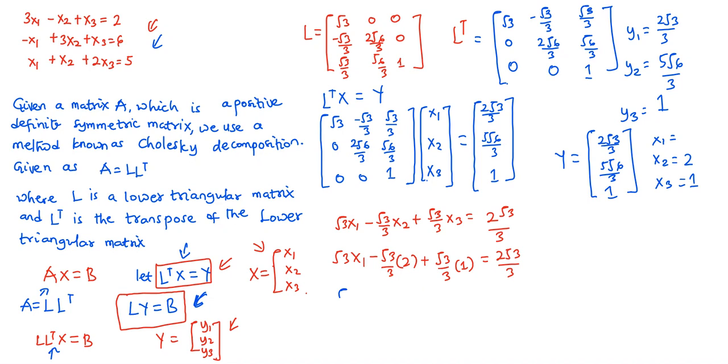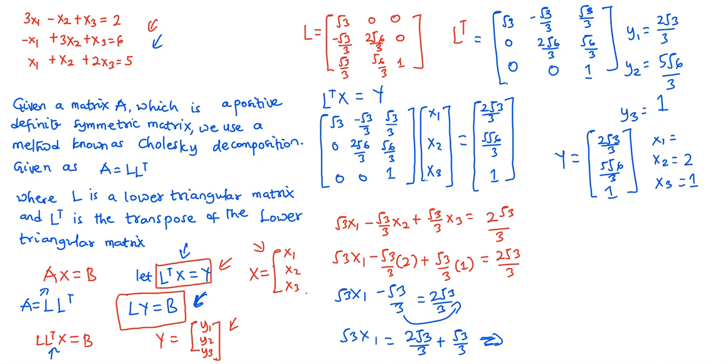So I have root 3 x1 minus root 3 on 3 equal to 2 root 3 on 3. Let's take this to the right-hand side: root 3 x1 equals 2 root 3 over 3 plus root 3 on 3. Simplifying, we get root 3 x1 equal to root 3.